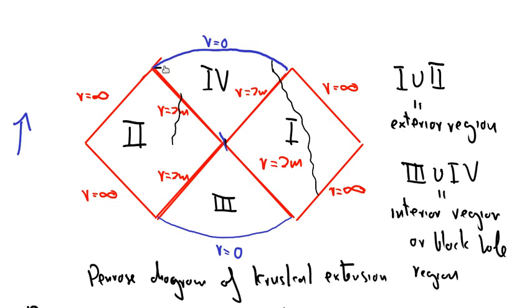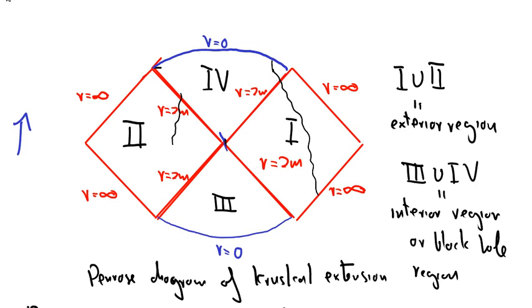And the fact that this singularity is space-like implies that once an observer enters any of the black hole regions, in this time orientation, region 4 is in the future, the future black hole region, and region 3 is the past black hole region.